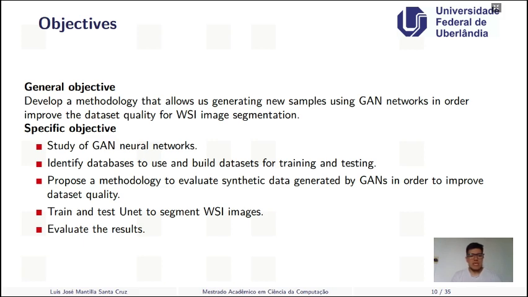The fourth one is train and test a regular neural network architecture focused on image segmentation such as UNet. And the fifth one is evaluate the results.